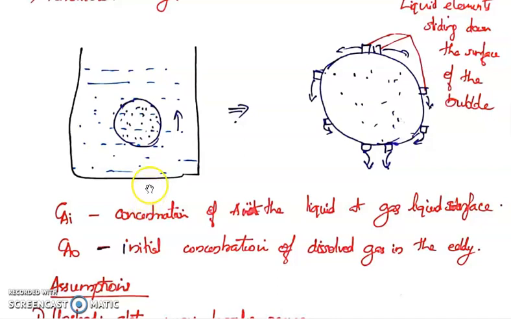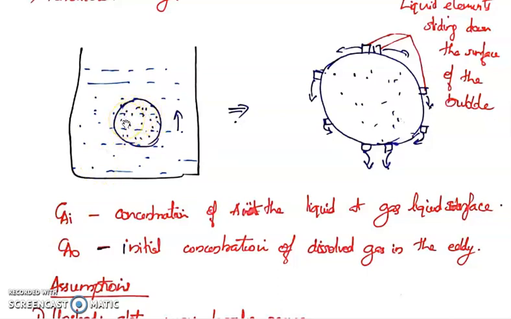Let's say we are bubbling a mixture of ammonia and air into the liquid. Let's say we are bubbling from the bottom, and the gas bubble, which consists of ammonia molecules, is moving up. Here, the ammonia represented by suffix A, let's say A molecules are ammonia molecules, are trapped or present inside the bubble.